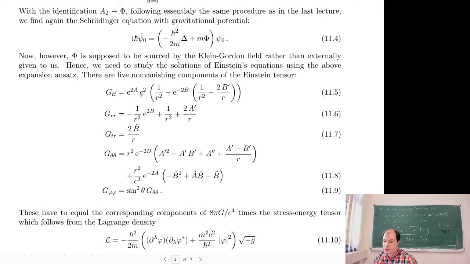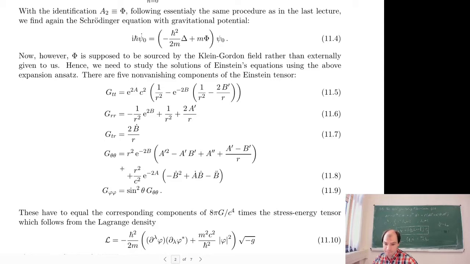From the metric ansatz that is given, you would need to calculate the Christoffel symbols. Once you have those, you can calculate the components of the Riemann tensor and then the Ricci tensor and Ricci scalar, and you can get the Einstein tensor. This is quite tedious but straightforward, and you end up with those 5 expressions in terms of these functions a and b that we have in our ansatz.